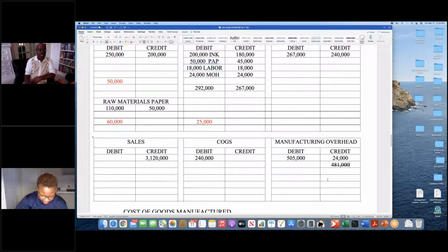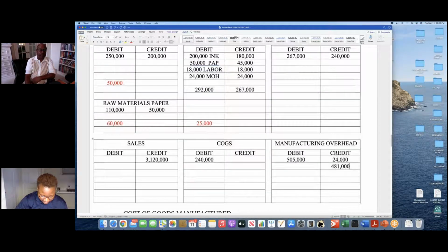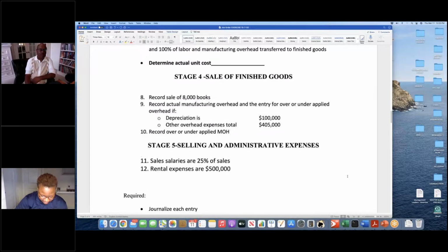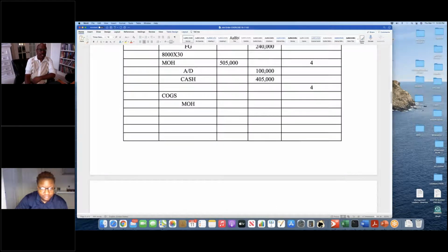Okay. So what has to happen? You gotta make an entry so this account is zeroed out. If you underapplied it as we did here, you're going to credit manufacturing overhead and you're going to debit cost of goods sold, 481,000, right?